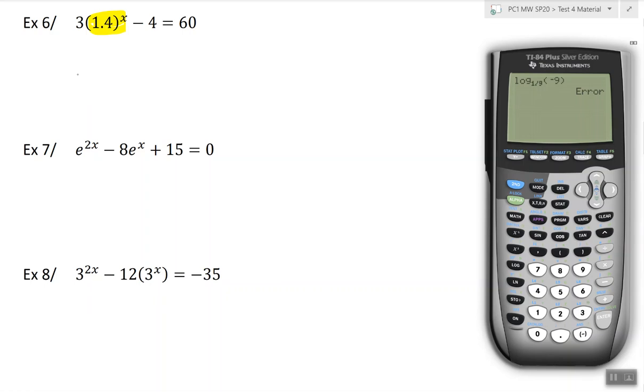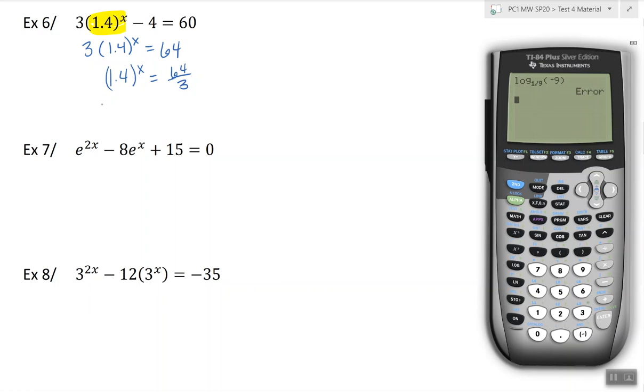So we need to isolate that 1.4 to the x just by algebraic means. So we have 3 times 1.4 to the x equals 64. Then we'll divide both sides by 3. That gives me 1.4 to the x equals 64 thirds.